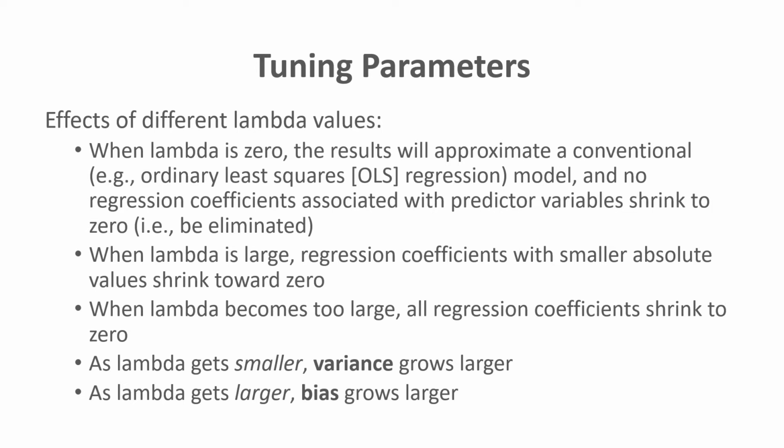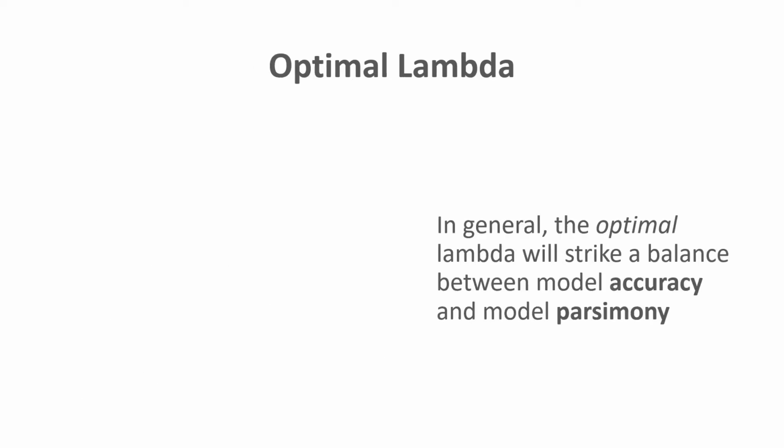Now, as lambda gets larger, the bias is going to grow larger as well. So this means that the tendency for our parameter estimates or regression coefficient estimates to deviate from the true population values is going to tend to get larger. Okay, so you have this kind of tug and pull here again, where you're trying to find this sweet spot in terms of tuning this lambda parameter to be its optimal level or its optimal value.